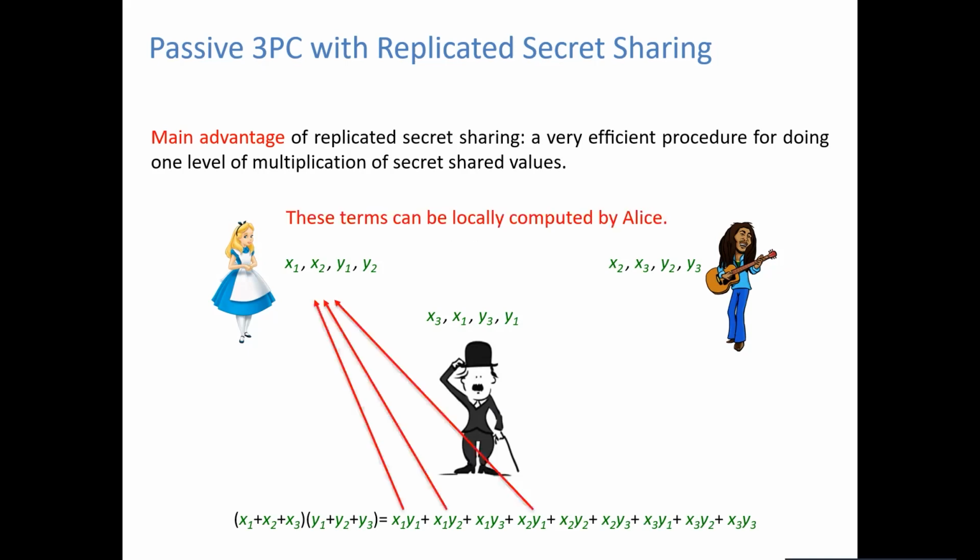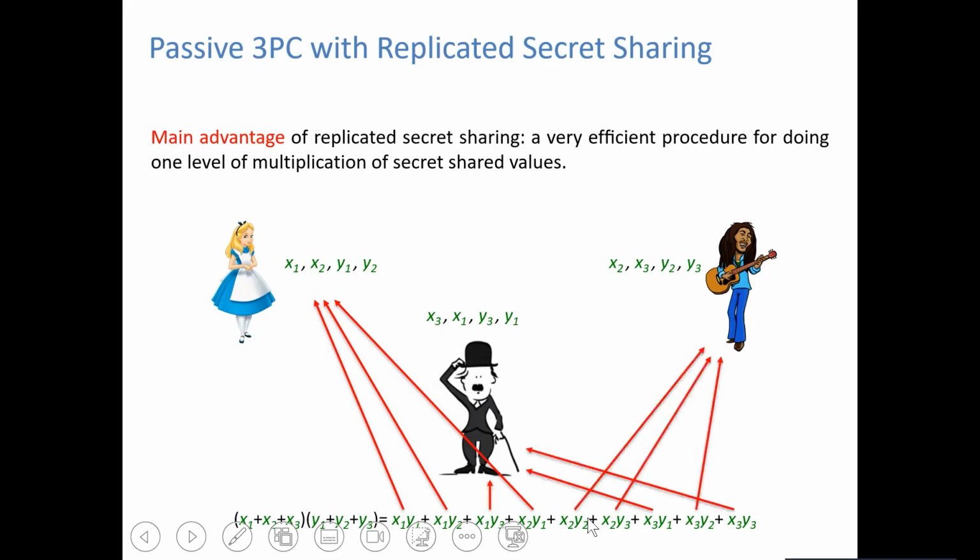But the nice thing is, if you pick all the terms that only involve indices 1 and 2, they can be computed locally by Alice. There are 3 of them that Alice can compute. The terms that only involve indices 2 and 3 can be computed locally by Bob, and the ones that have indices 1 and 3 can be computed locally by Charlie.